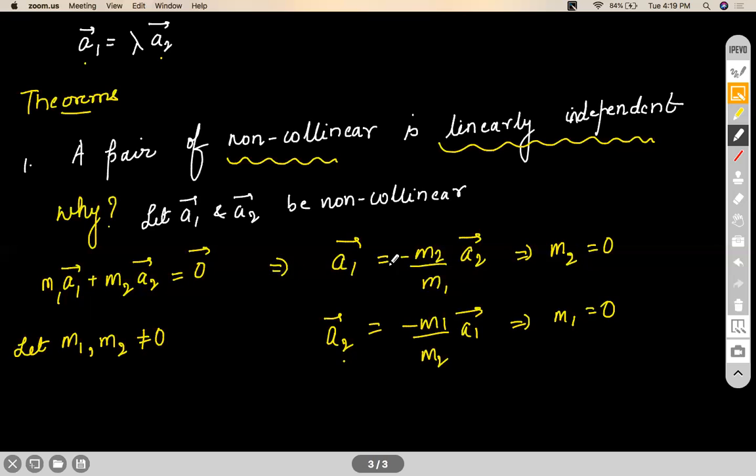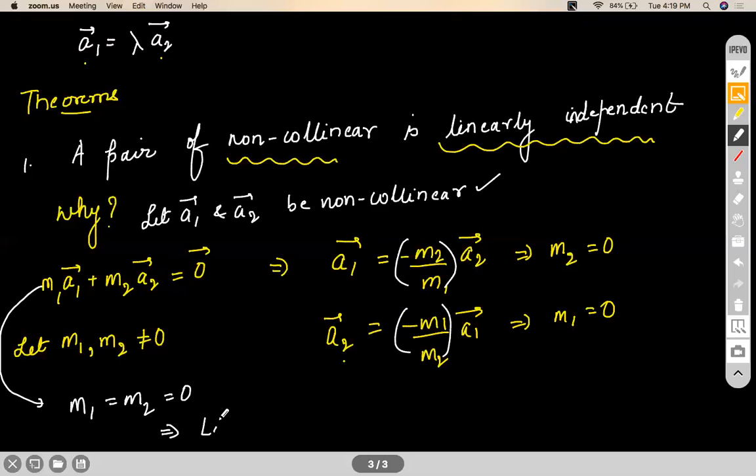And I realized if this is the case, I can express A1 as lambda times A2, or A2 as some beta times A1, both indicating that A1 and A2 are collinear, but they are not. So the only option I have is that M1 and M2 both should be 0, clearly indicating that they are linearly independent.